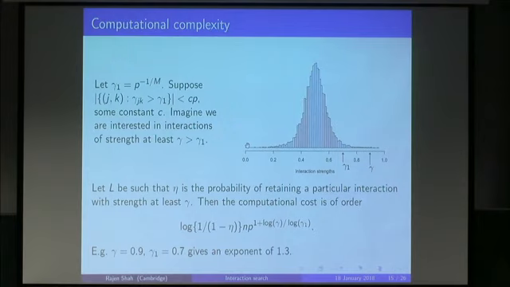Of course, if you really have a lot of interactions, so maybe, let's say, rather than this being unimodal, you have an extra hump coming up here or something like that, then this result is really not going to be so helpful. You're going to incur a very large computational cost if you're interested in finding a particular interaction of strength gamma.